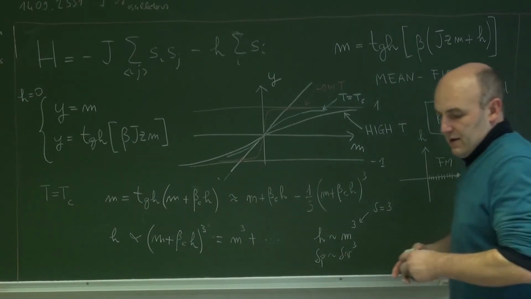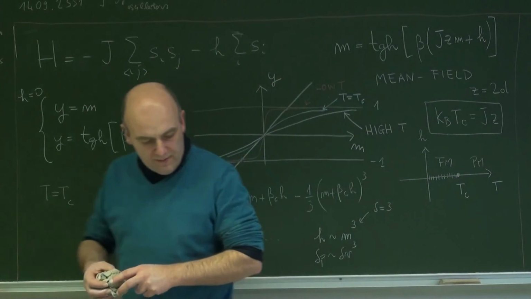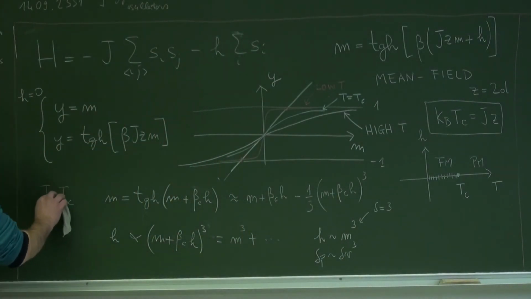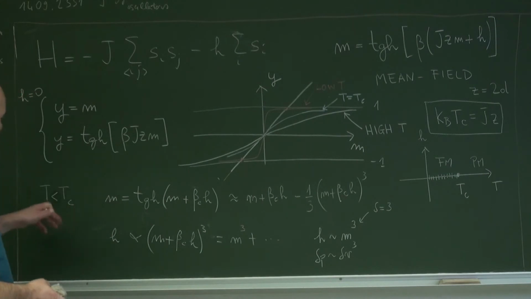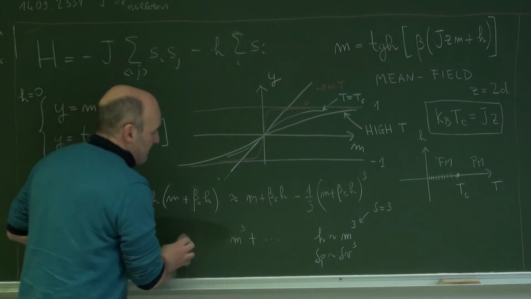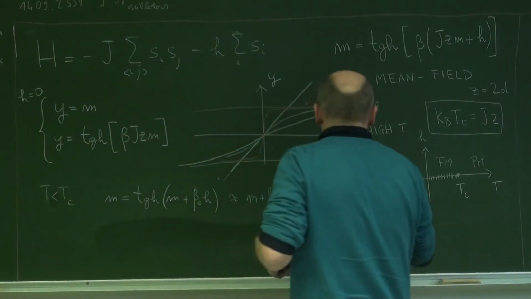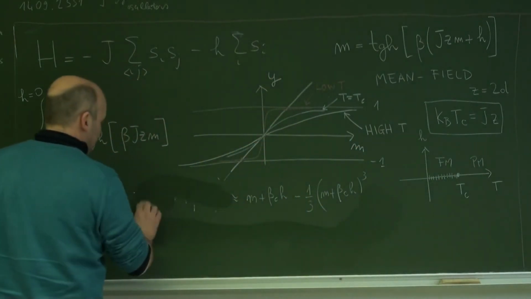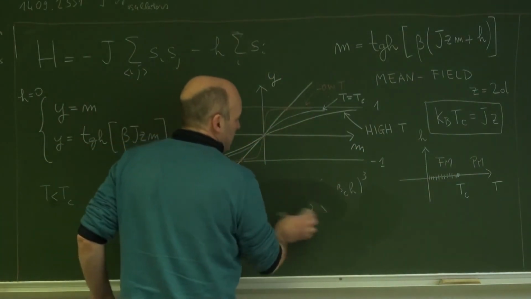For instance, what we are asking ourselves is what happens to m when I'm looking at values of the temperature which are below the critical point, and now I do the analysis with the temperature.